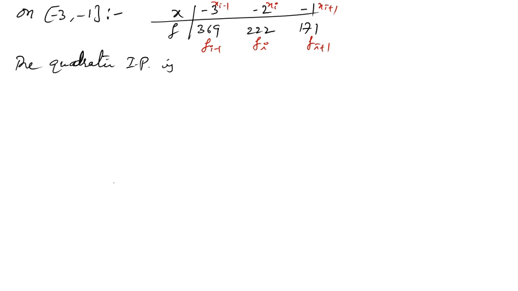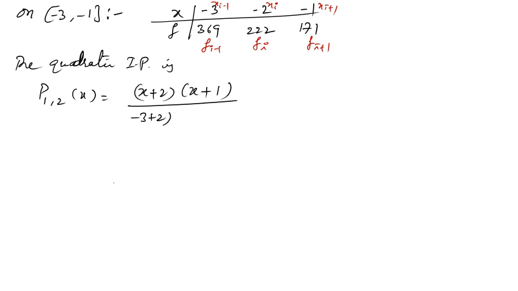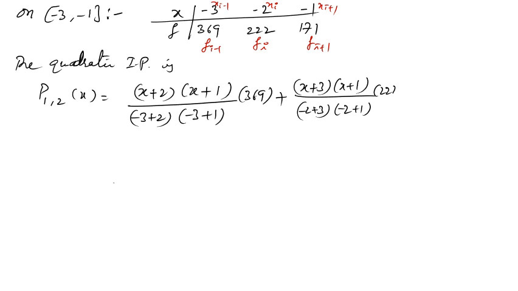Now the quadratic interpolating polynomial P 1 2 of x is, as per the formula, x minus xi plus 1 by, replace x by xi minus 1: minus 3 plus 1, and the function value 369, plus next, just substitute in the formula the values: x plus 1 by minus 2 plus 3, minus 2 plus 1, 222, plus next one is x plus 3 into x plus 2 whole by, x replaced by minus 1, and this is 171.